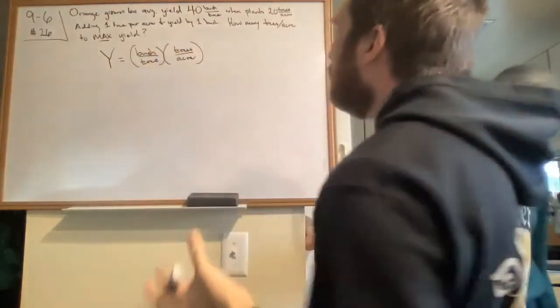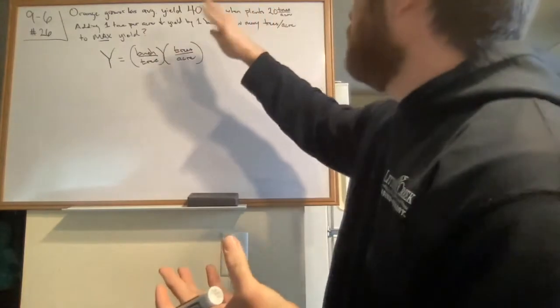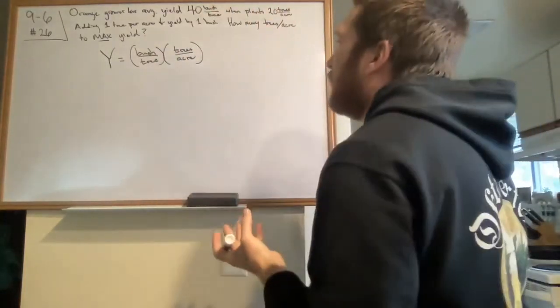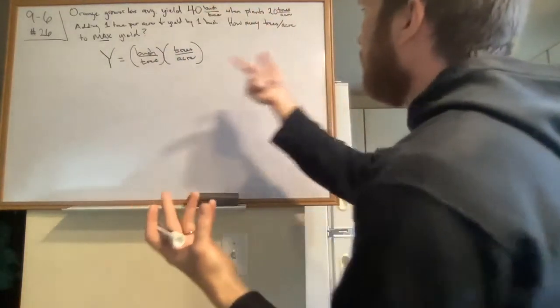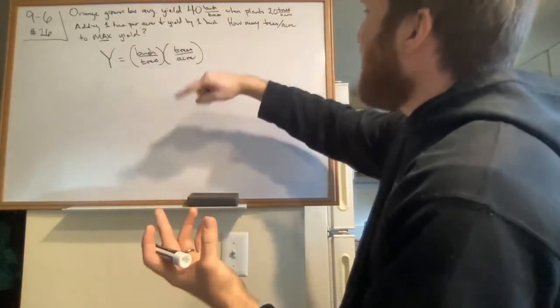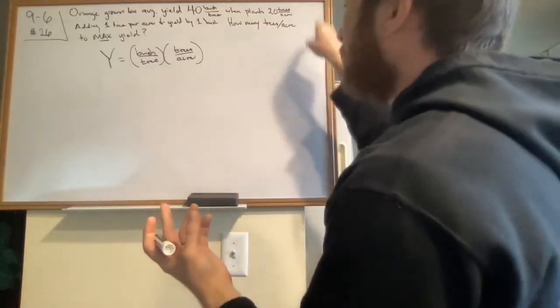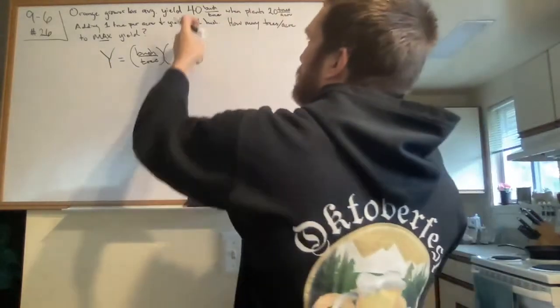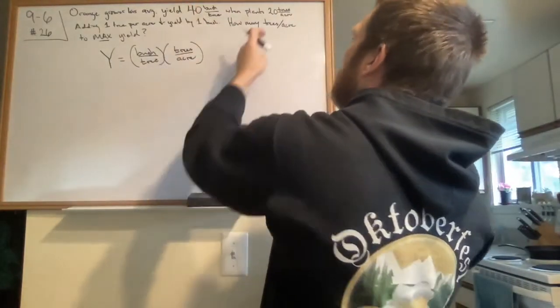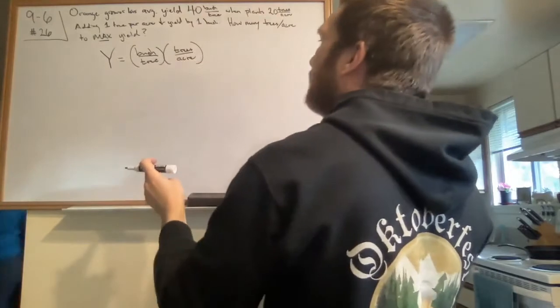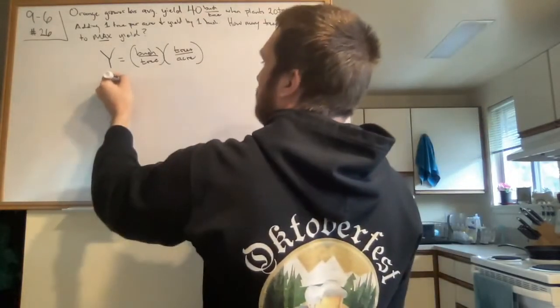You could say, well, you know that when you have 40 and 20, for every extra tree that you plant, you go down by one here and you go up by one here. So you could say something like this.